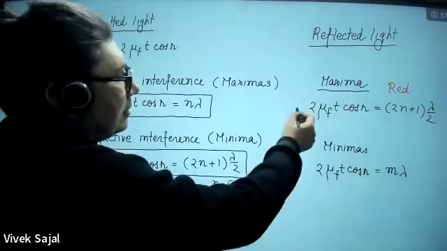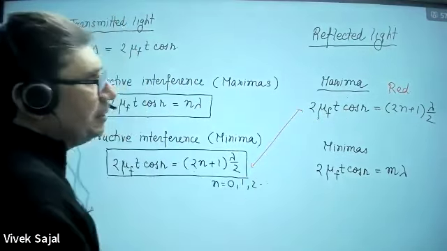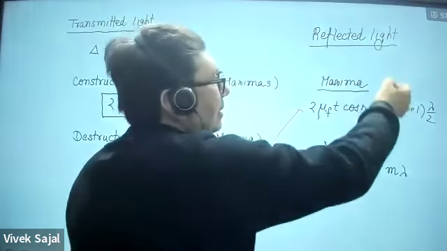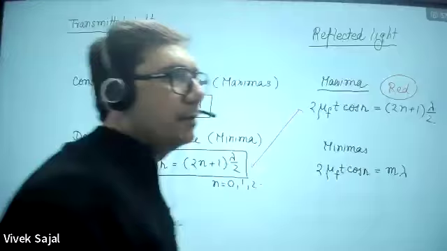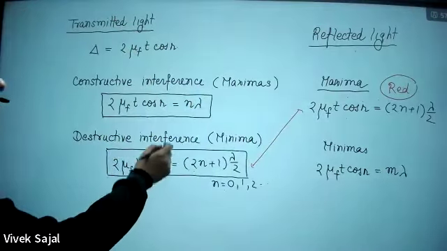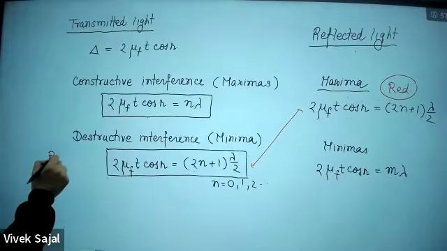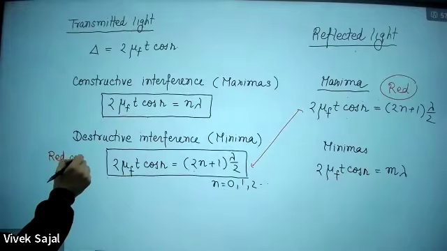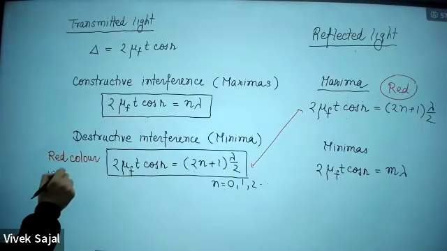Try to understand, they are the same. It means in the reflected light you observe red color maxima, but in the transmitted light red color will be absent.